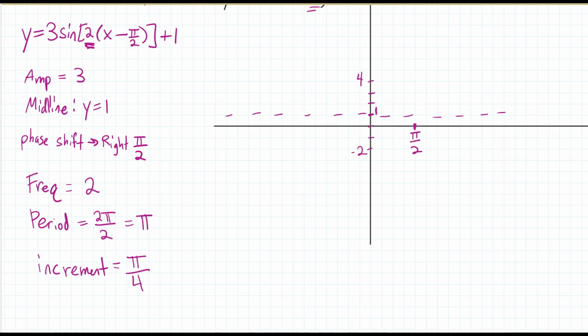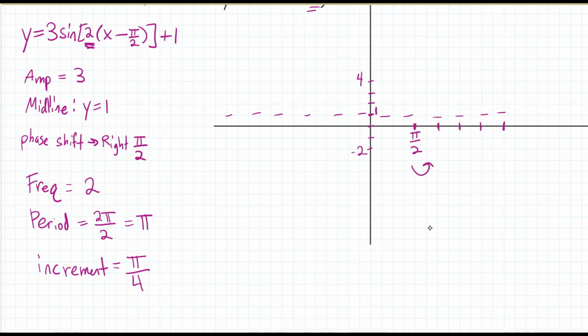So my next tick mark can't be 4 boxes away, because I know that all of my tick marks are going to be pi over 4 units away from each other. To figure out what to label them, I know it's going to be right here, right here, right here, and right here. I know that because pi over 4 is half the distance of pi over 2, so every 2 boxes, I'm at a tick mark.